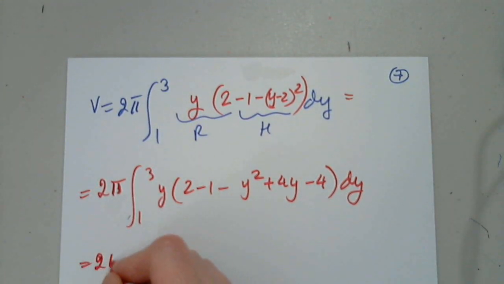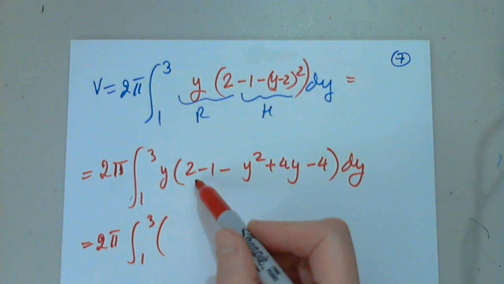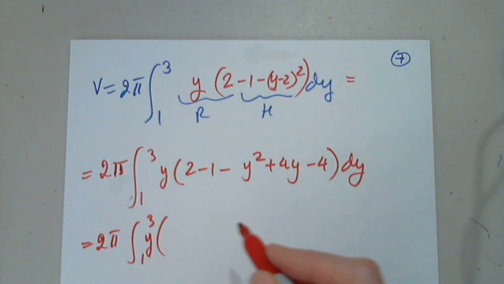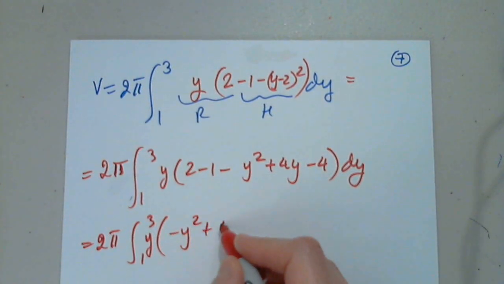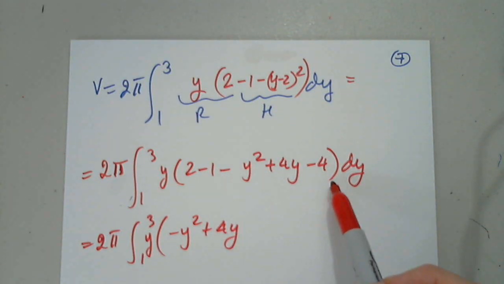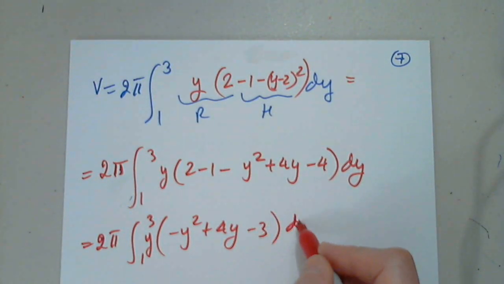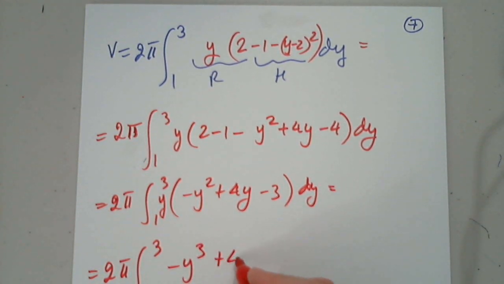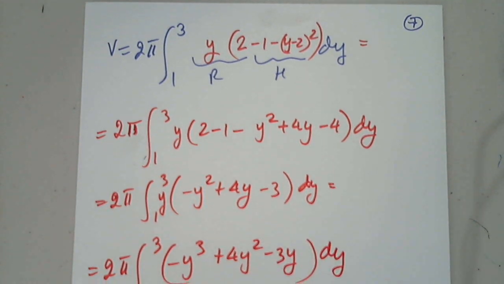Okay, so 2 pi, the integral from 1 to 3. Let me write it one more time. So negative y squared plus 4y, and 2 minus 1 is 1, minus 3. Okay, 1 to 3, negative y cubed plus 4y squared minus 3y dy.